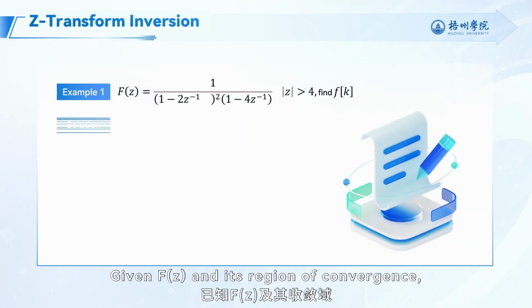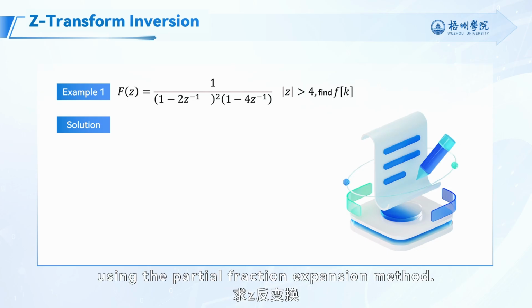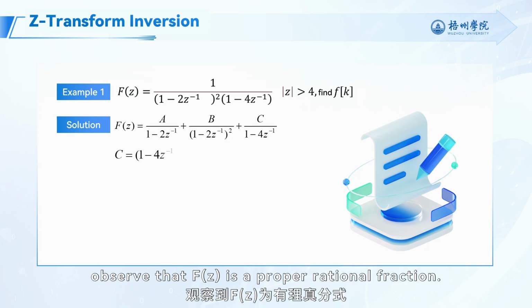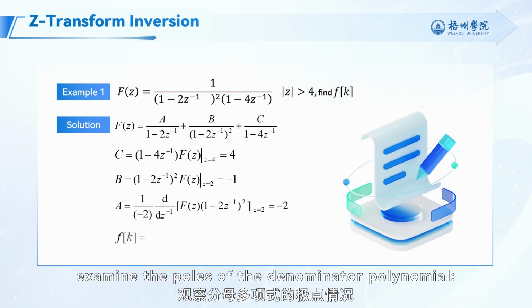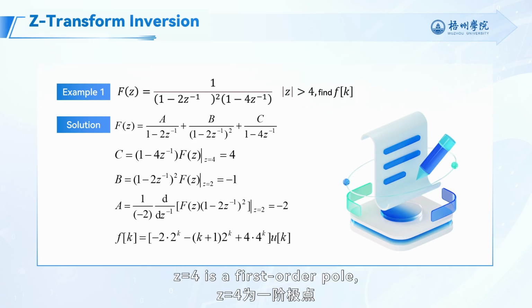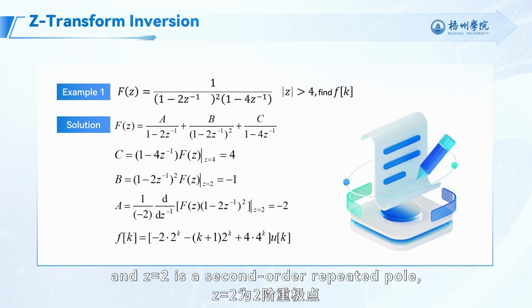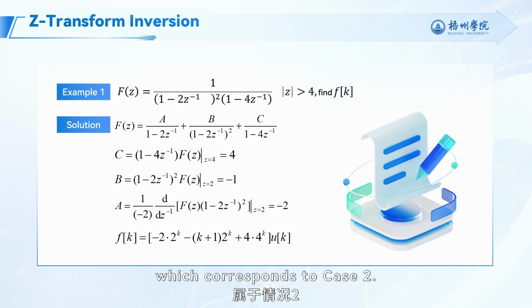Example 1. Given F(z) and its region of convergence, find the inverse Z transform using the partial fraction expansion method. First, observe that F(z) is a proper rational fraction. Next, examine the poles of the denominator polynomial. z equals 4 is a first-order pole, and z equals 2 is a second-order repeated pole, which corresponds to case 2.